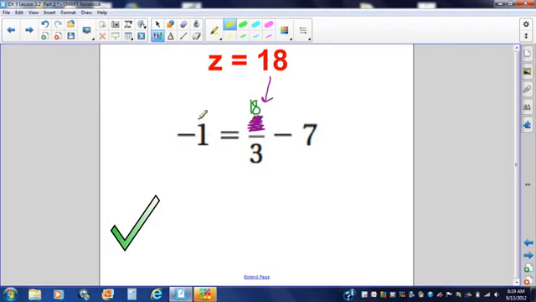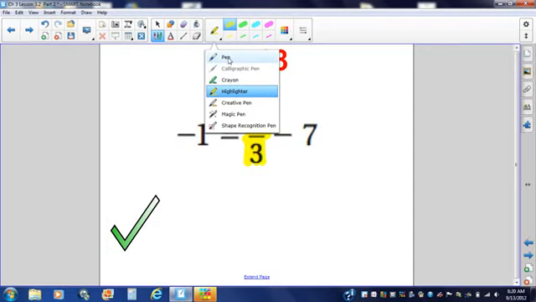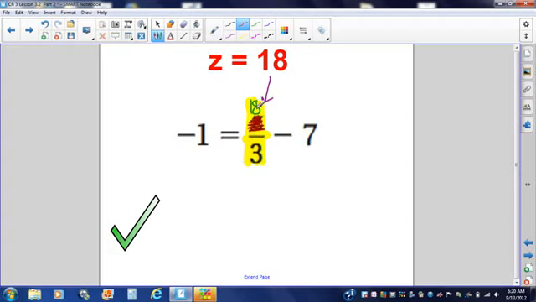I don't have any parentheses. I don't have any exponents. I'm looking for multiplication or division from left to right. Well, this means division in math. So actually I have 18 divided by 3. 18 divided by 3 gives me 6.